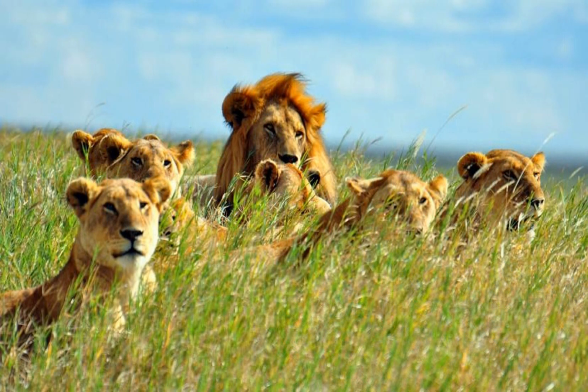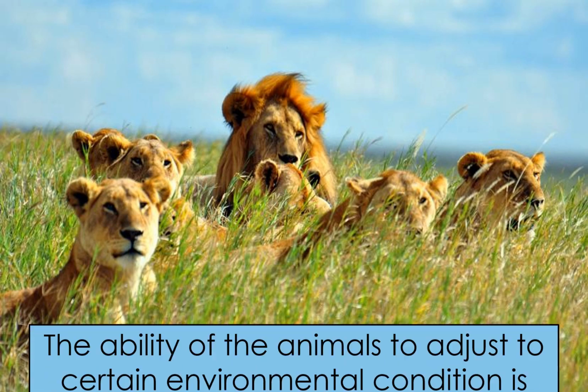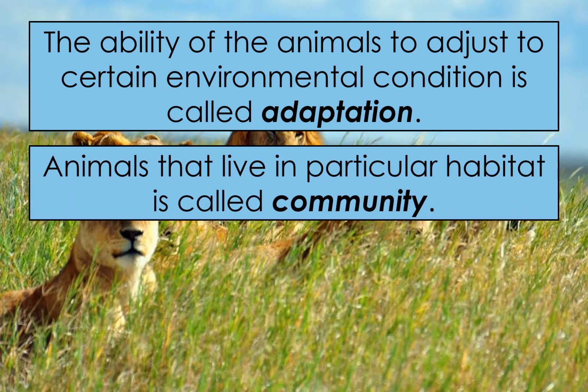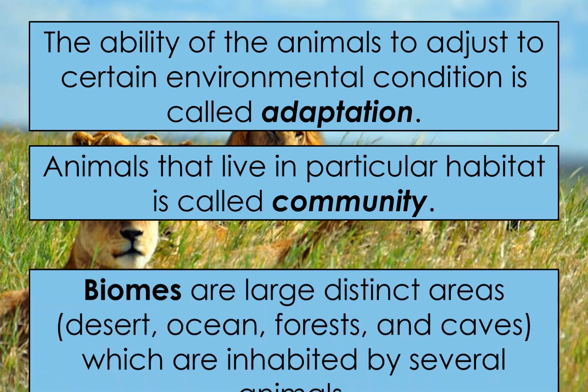We are going to hear a lot of new words during the discussion. So let's talk about this word first. Adaptation. Adaptation means the ability of the animals to adjust to certain environmental conditions. Then we have community. Community means animals that live in a particular habitat.